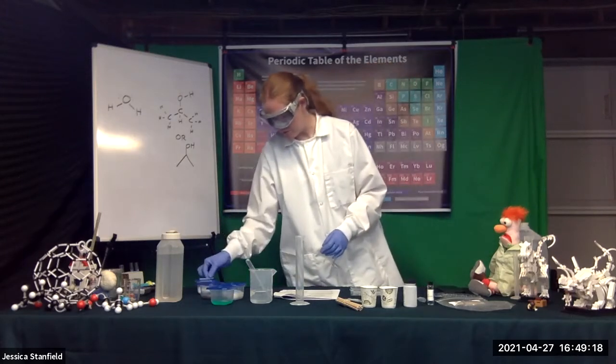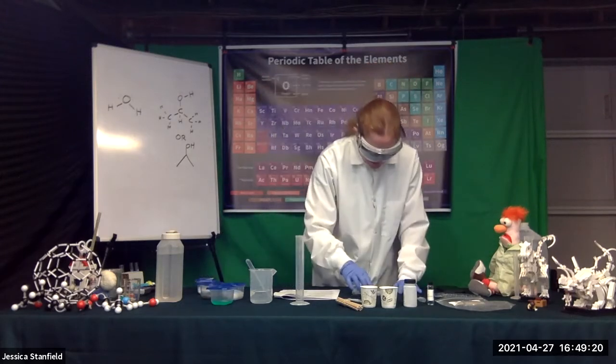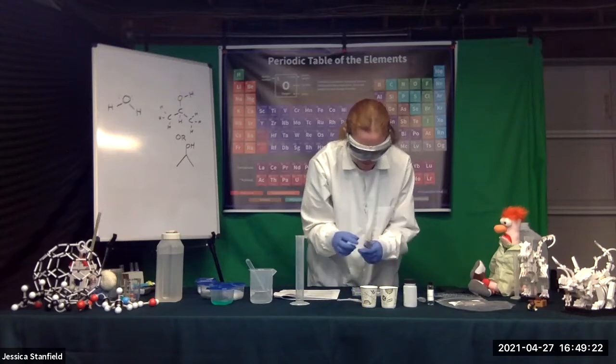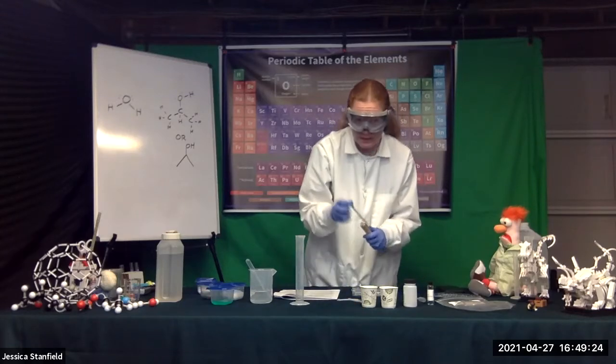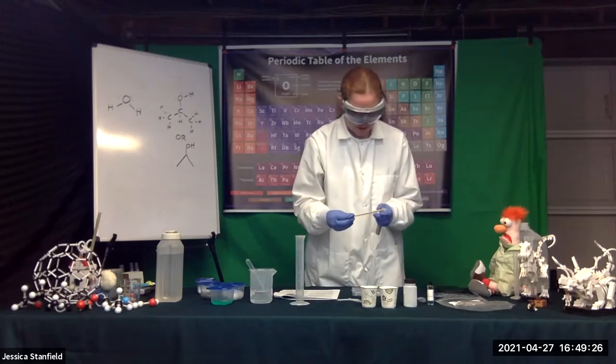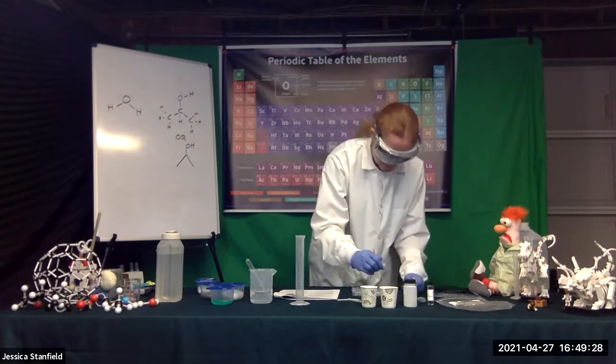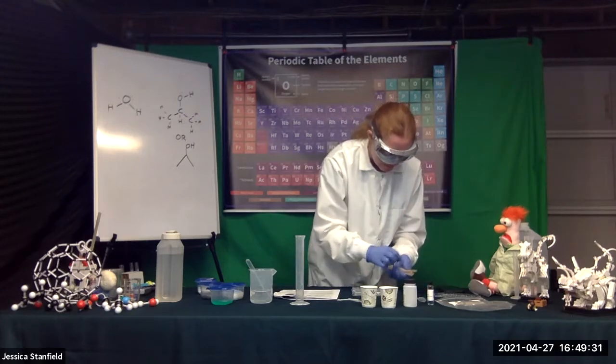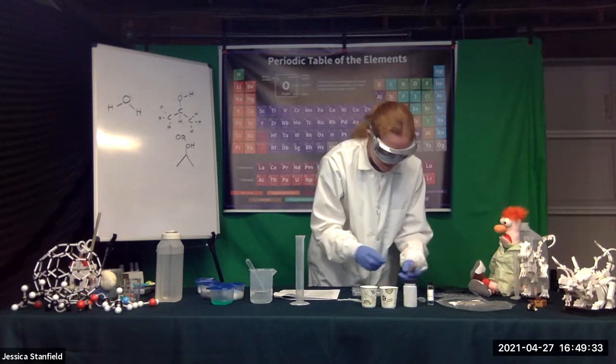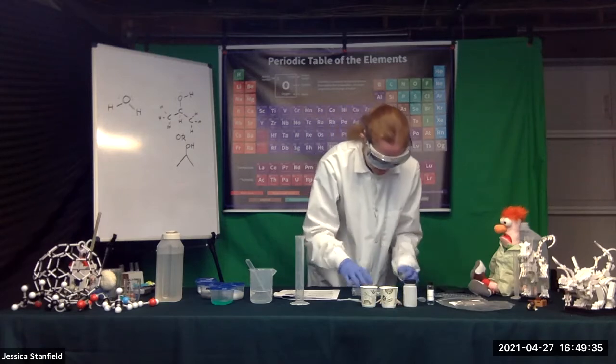Put that aside and put the scoop on top of it in case I need it again. Okay, and now we can use our little wooden splints as stir sticks. So I could take my wooden splint and I could stir in there to help that dissolve.